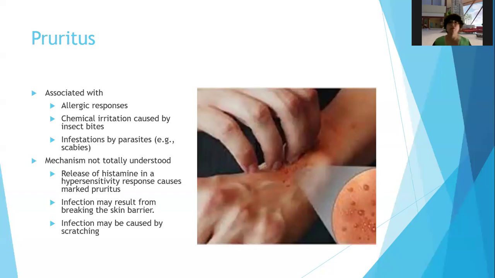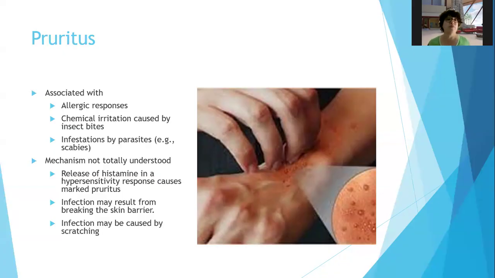Just as a general skin symptom, pruritus is itching, and a lot of times it's associated with allergic responses or chemical irritation, like insect bites, or infestations by parasites. The mechanism of itching isn't totally understood.